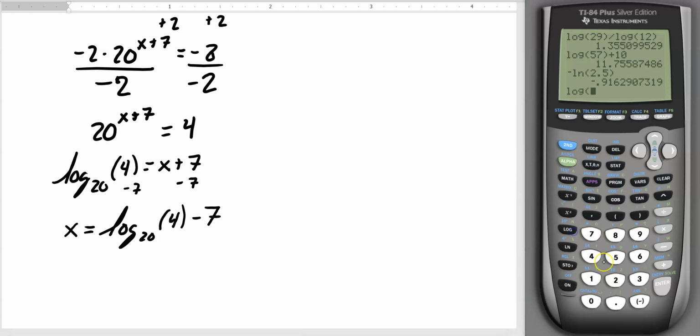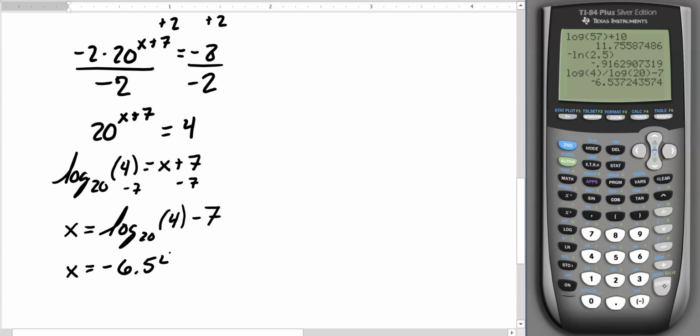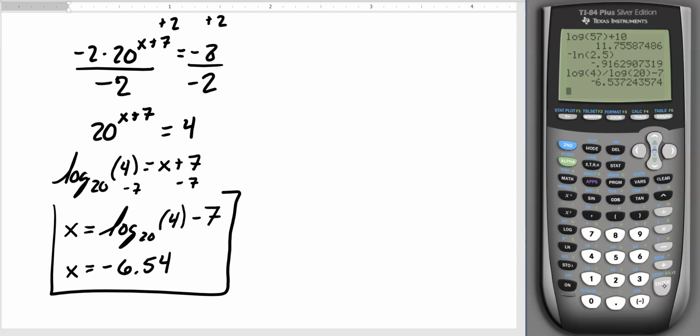So I'd say log of 4 divided by log of 20, and then minus 7. Negative 6.54 when I round, so x equals negative 6.54. And there we go. Very nice.